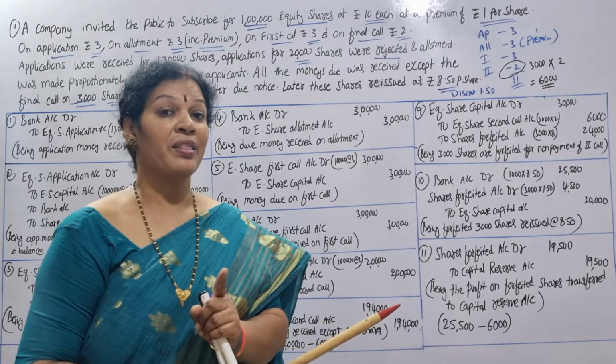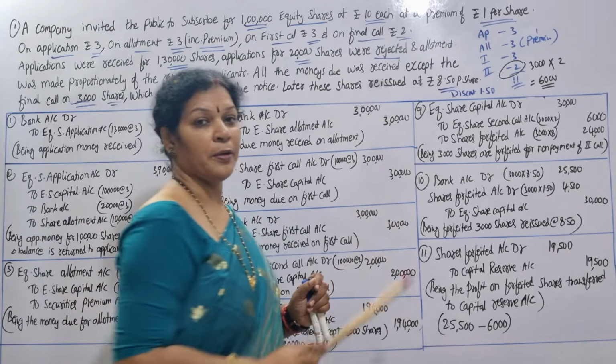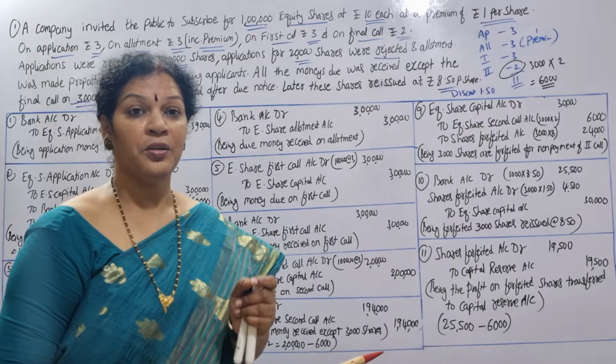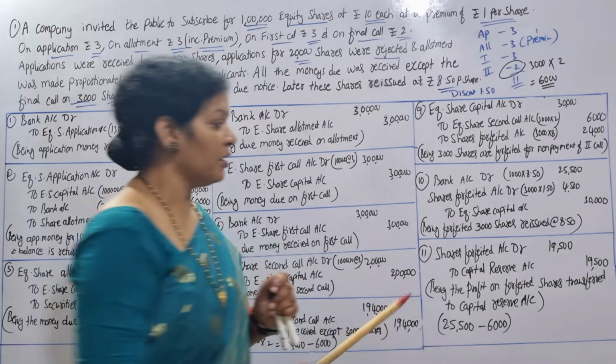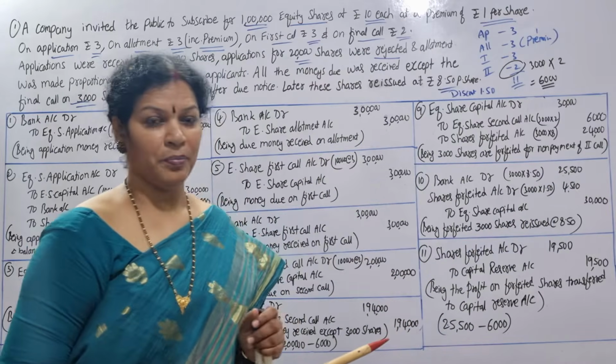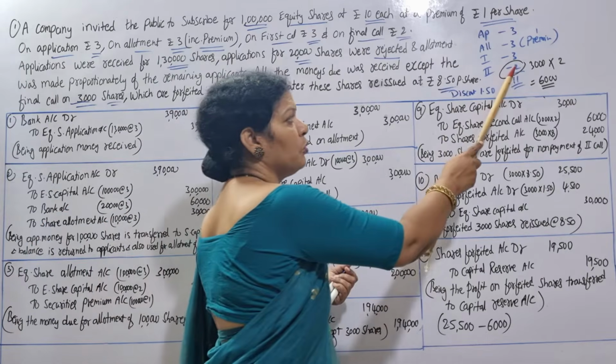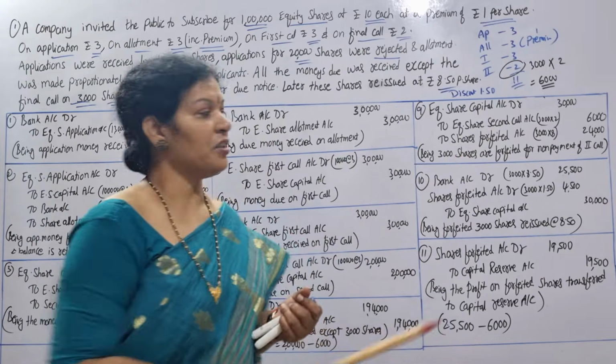3000 shares are being reissued at the rate of 8 rupees 50 paisa. 3000 into 8 rupees 50 paisa, they are issuing for 25,500. But actually what they have not paid is 2 rupees into 3000, that is 6,000 only.